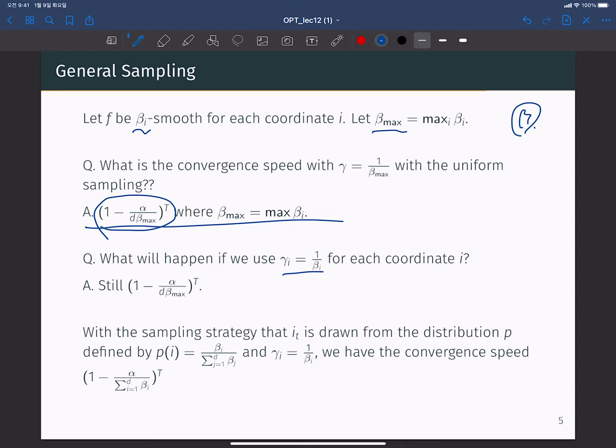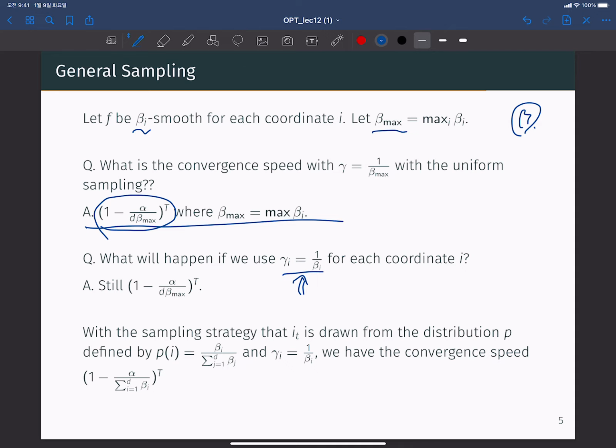If your selected axis has a very flat area, maybe we need to speed up. We need to use a larger learning rate to have better convergence speed. So this is the case. We set gamma i equal to 1 over beta i for each coordinate i.